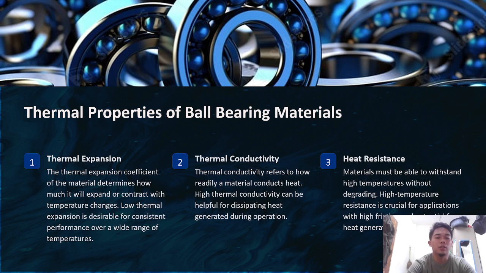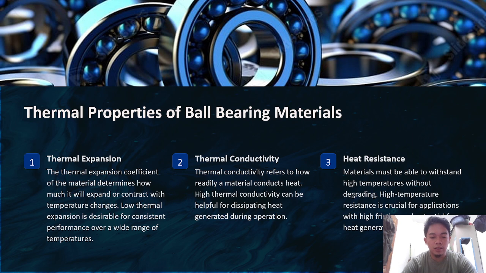So dito naman sa heat resistant, material must be able to withstand high temperature without degrading. High temperature resistance is crucial for application with high friction and potential for heat generation. So ang mga materials ay dapat na makatiis sa mataas na temperatura nang hindi nasisira.